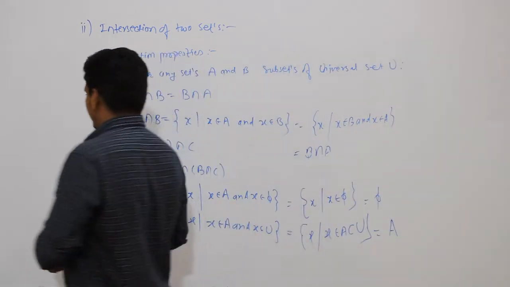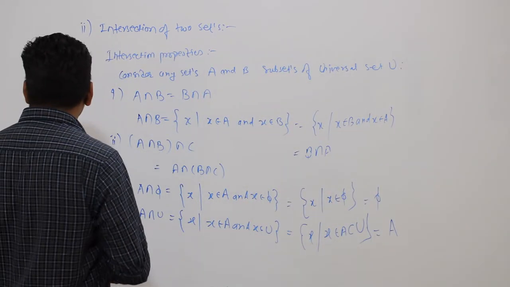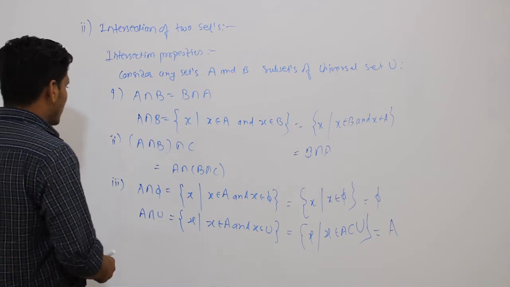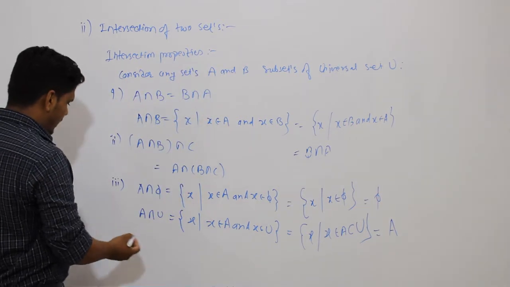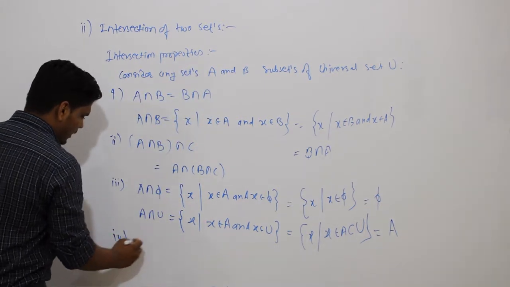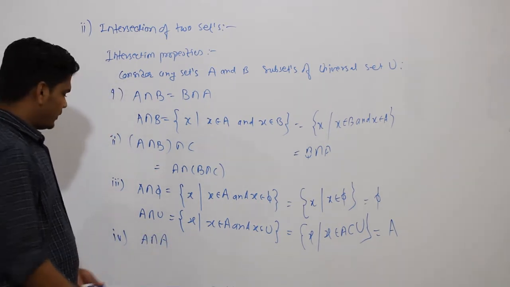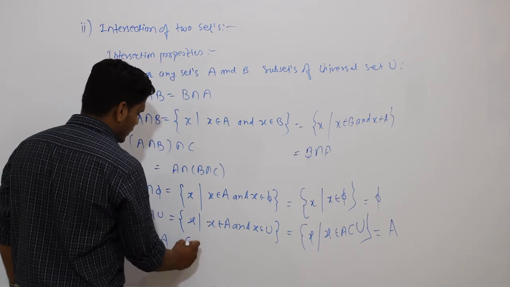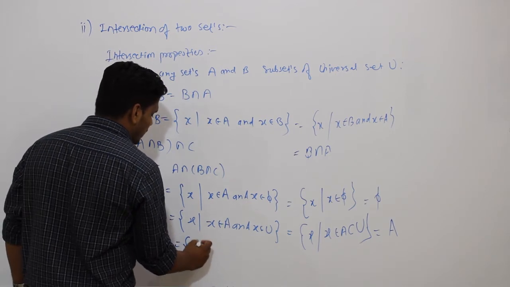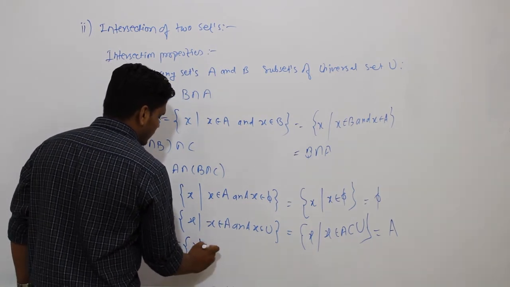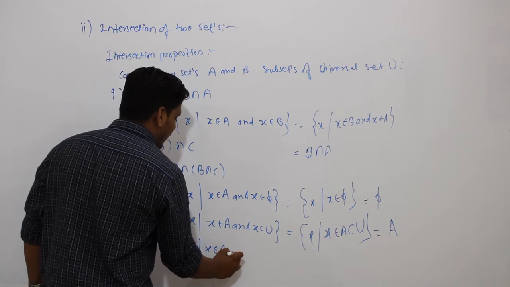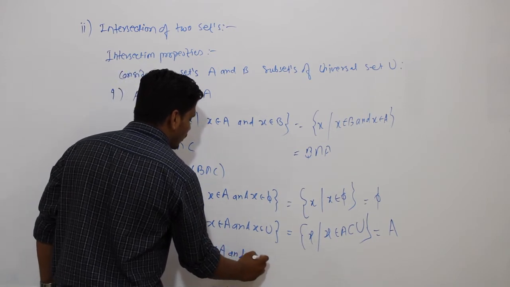Okay? Now next rule, I will write here quickly. A intersection A. What will happen with A intersection with itself? It is nothing but x such that x belong to A and x belong to A only.